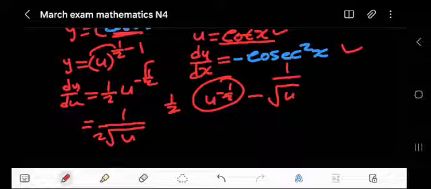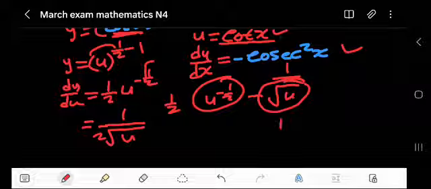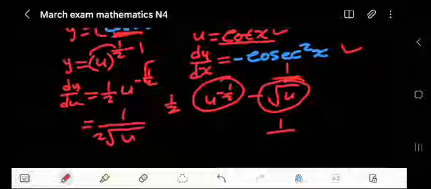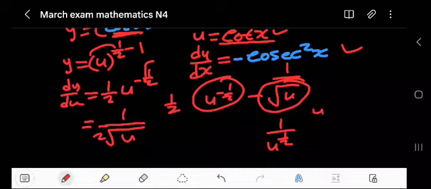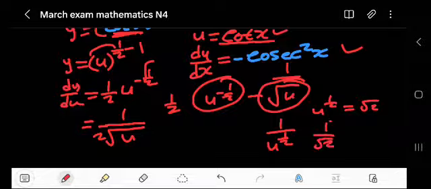This is because if you take it to the denominator, the exponent becomes positive 1 over 2, and u to the 1 over 2 is the square root of u. So that is how you obtain it.